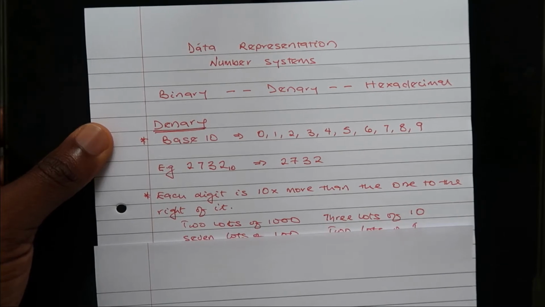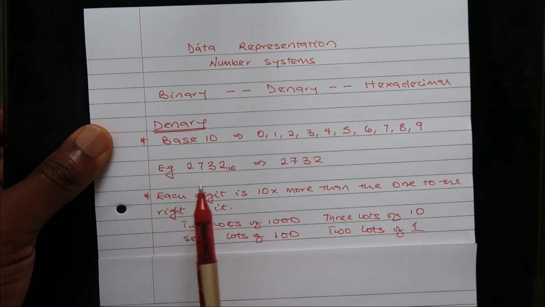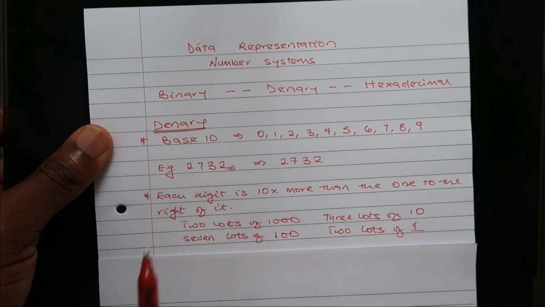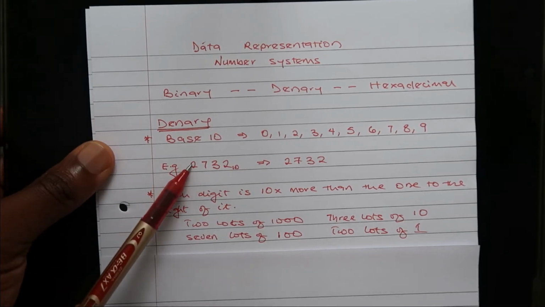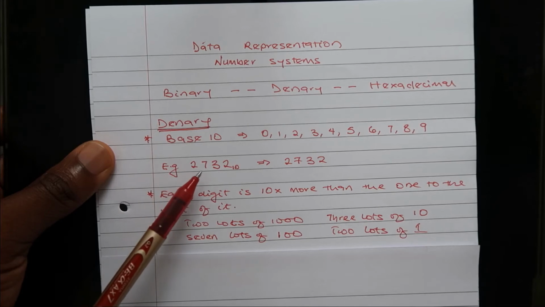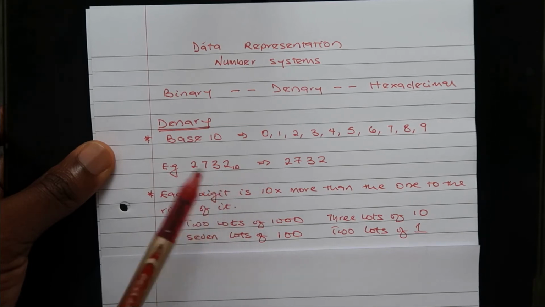Now, one thing you may have noted from working with Denary numbers is that each digit is 10 times more than the one to the right of it. So in our example here, you can see that we have 2 lots of 1000, 7 lots of 100, 3 lots of 10s, and then 2 lots of 1.